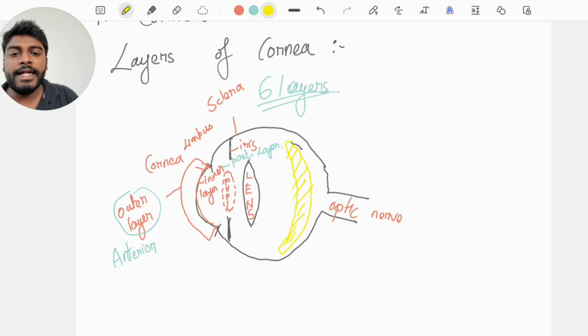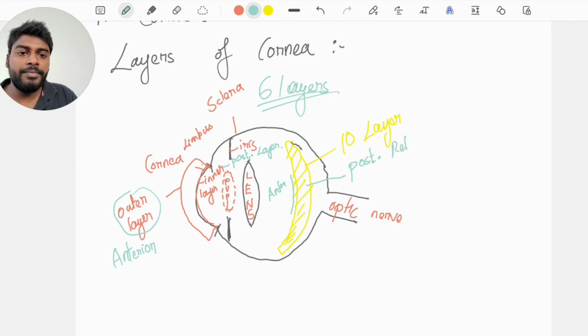The retina has a total of 10 layers, which we will study in more depth in further videos. The retina is located inside the eye, and this side is called the anterior of the retina, and this side is called the posterior of the retina. I guess now everybody will be clear on this.